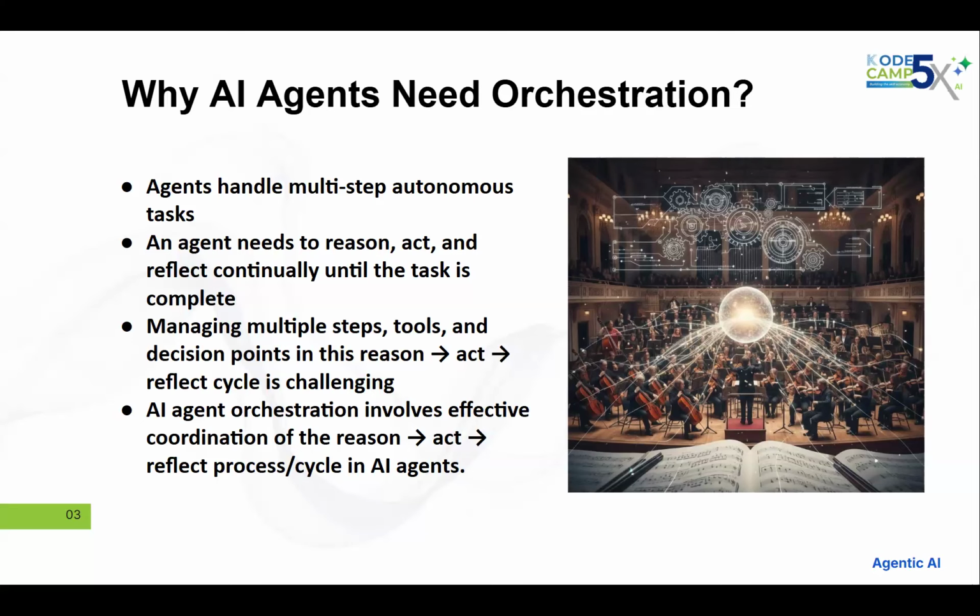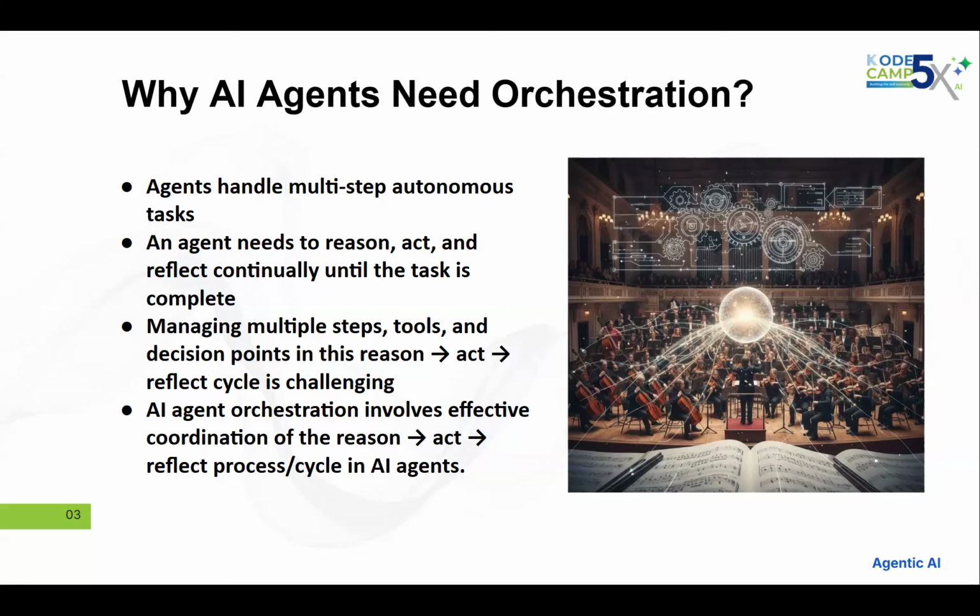We've been looking at tasks involving different steps. Now, if it's just a straightforward one-step task, it may not make much sense creating and deploying an agent to handle that task. An agent may most likely be overkill. So agents become valuable for handling multi-step autonomous tasks, multiple steps with minimal human intervention.